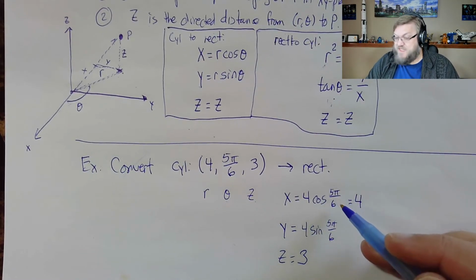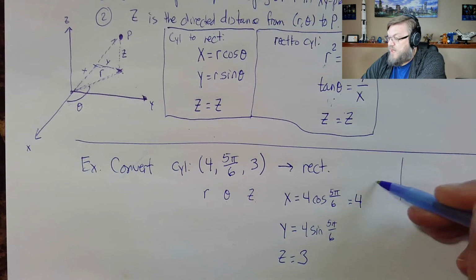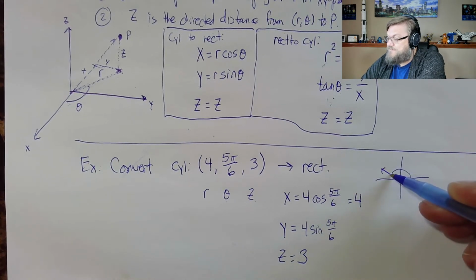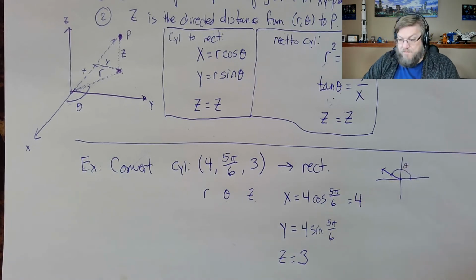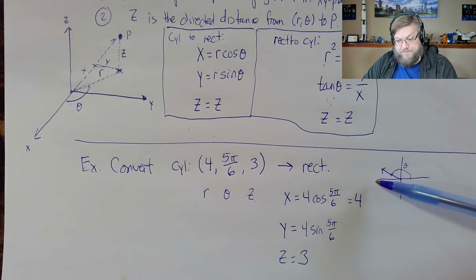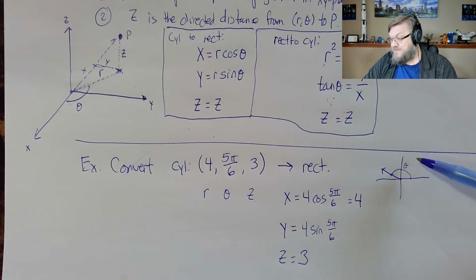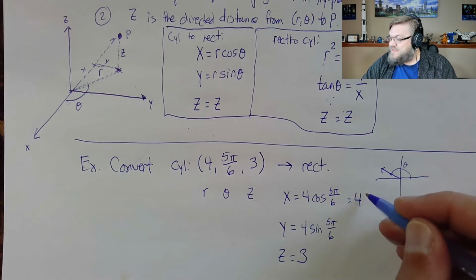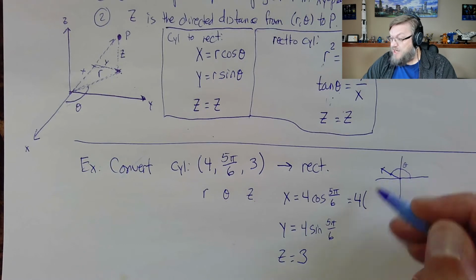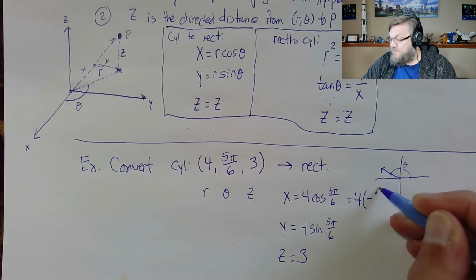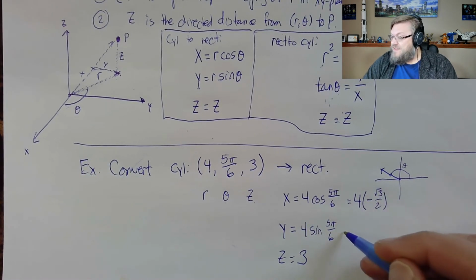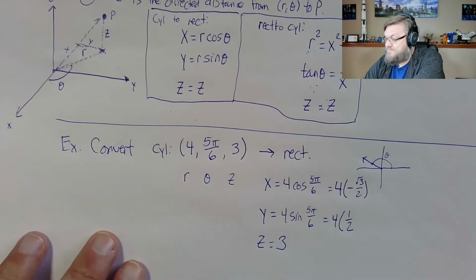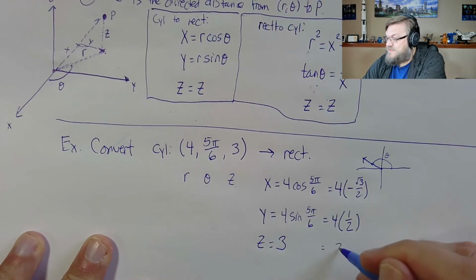Cosine of 5π/6. Now 5π/6 is a second quadrant angle. It's over here, like that. So I know cosine is negative over there, and sine is positive. Now I just have to remember what value that is. So the x value is going to be 4 times negative root 3 over 2, and y is going to be 4 times positive 1/2, and then z is still 3.